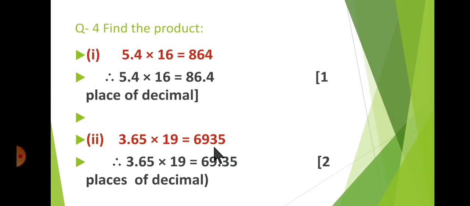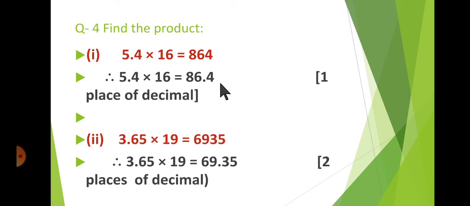Let's see question number 4, which is related to this rule. One number is in decimal form, another in whole number form. 5.4 multiplied by 16. According to the rule, first you ignore the decimal and multiply simply. 54 multiplied by 16 gives 864. Because the first number has one digit after the decimal and the second number has no decimal place, the total is 1.